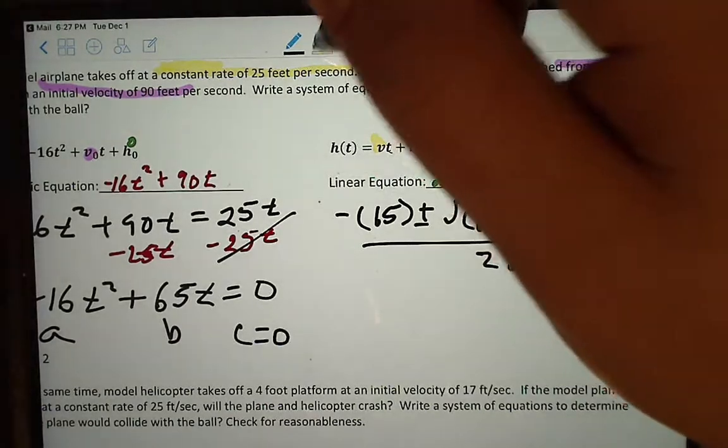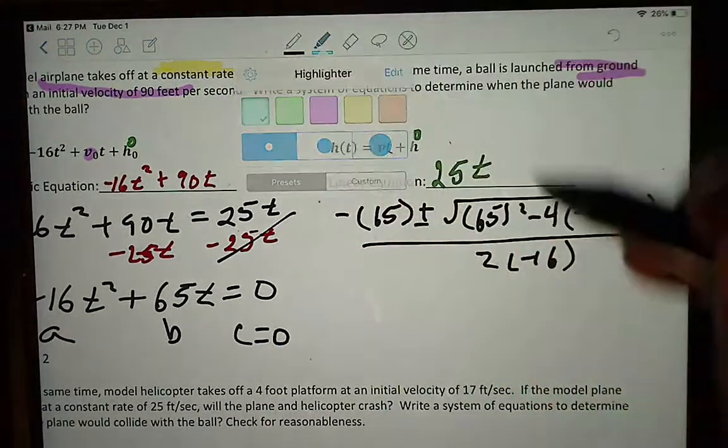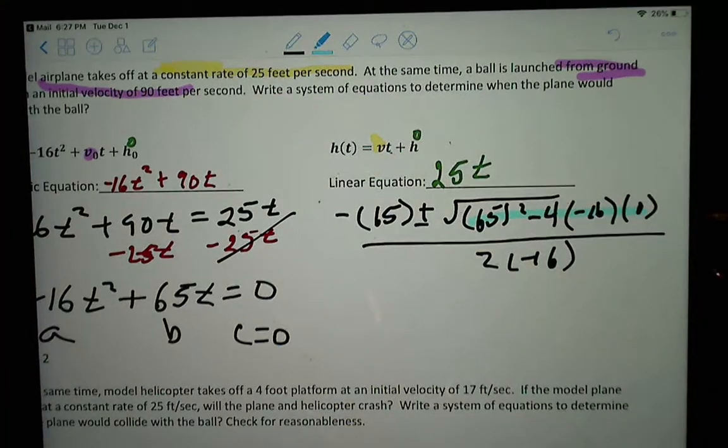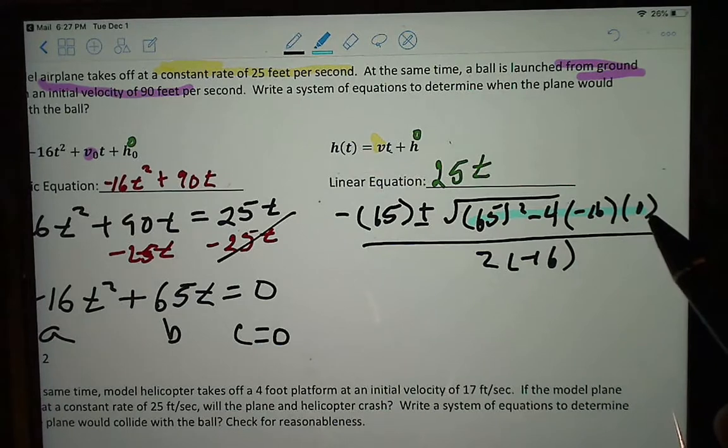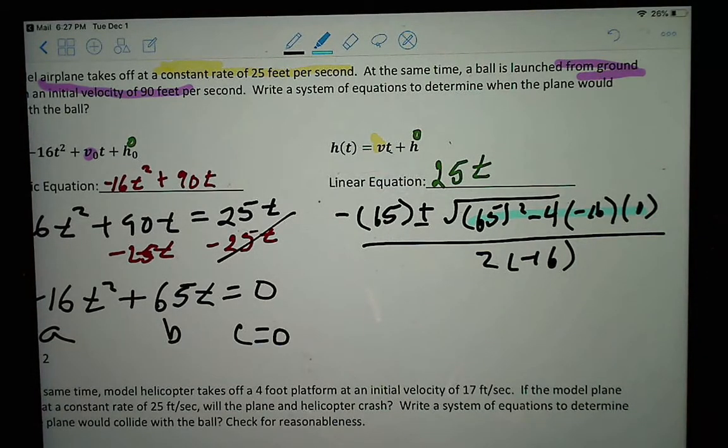And then I do my discriminant value, which happens to be this number again, in the calculator. So 65 squared minus 4 times negative 16 times 0, which again, if you know anything, this whole second part is going to be 0 anyway. So essentially it's 65 squared.